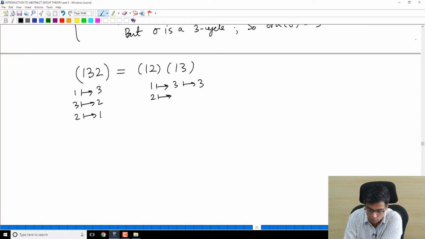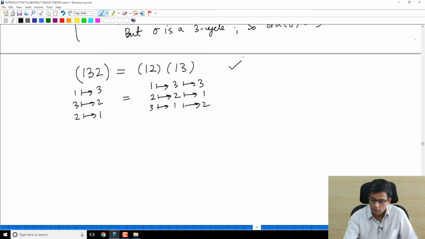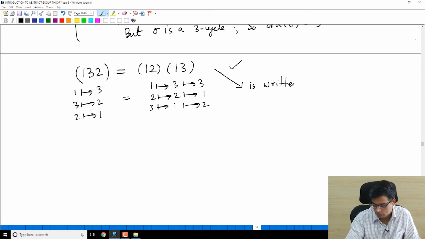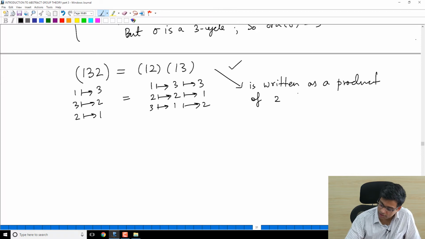Where does 2 go? 2 goes to 2 under the first one, and 2 goes to 1 under the second one, which is also good. Finally 3 goes to 1 and 1 goes to 2. So these are equal, right? So (1 3 2) is written as a product of 2 transpositions.